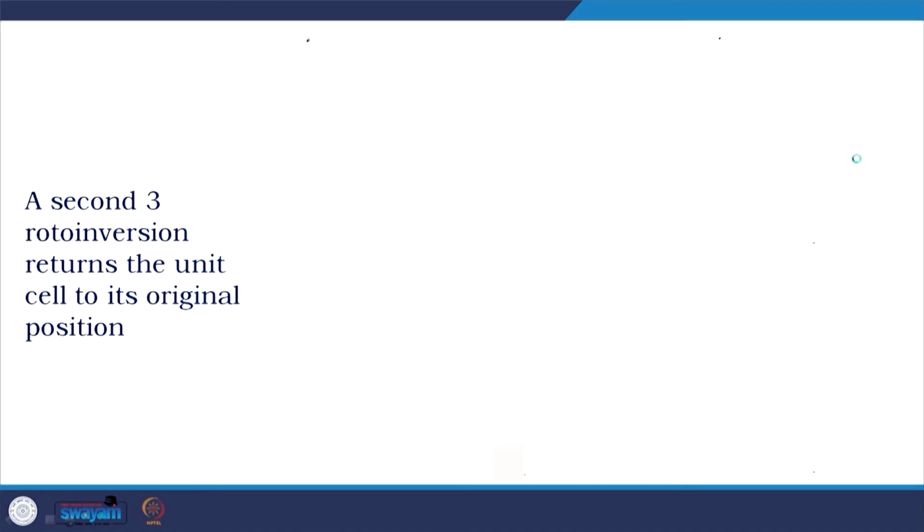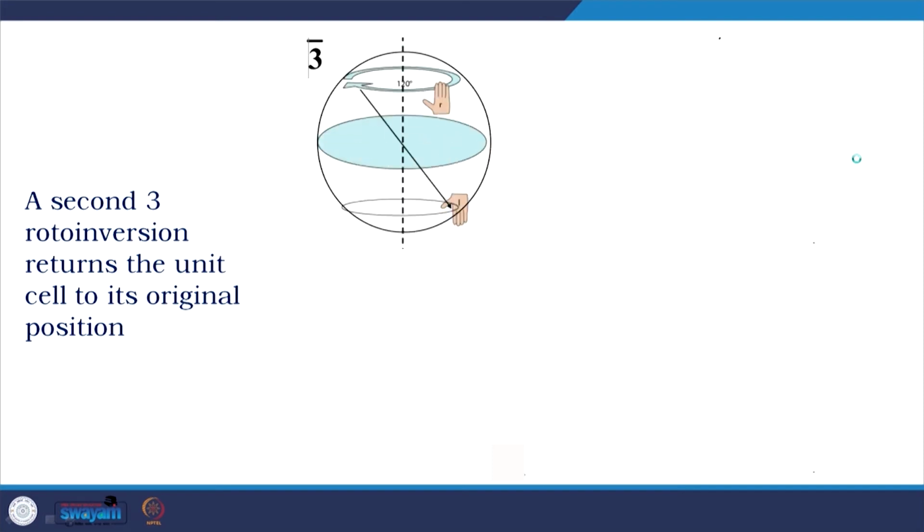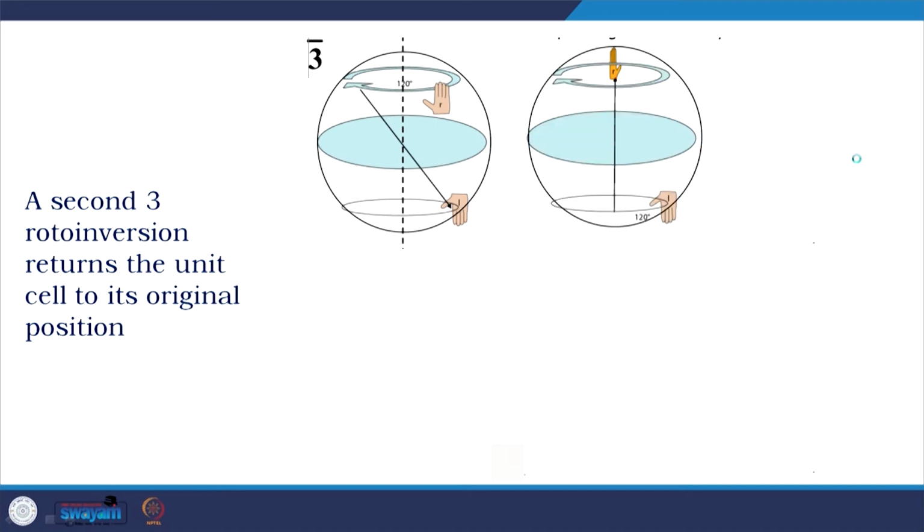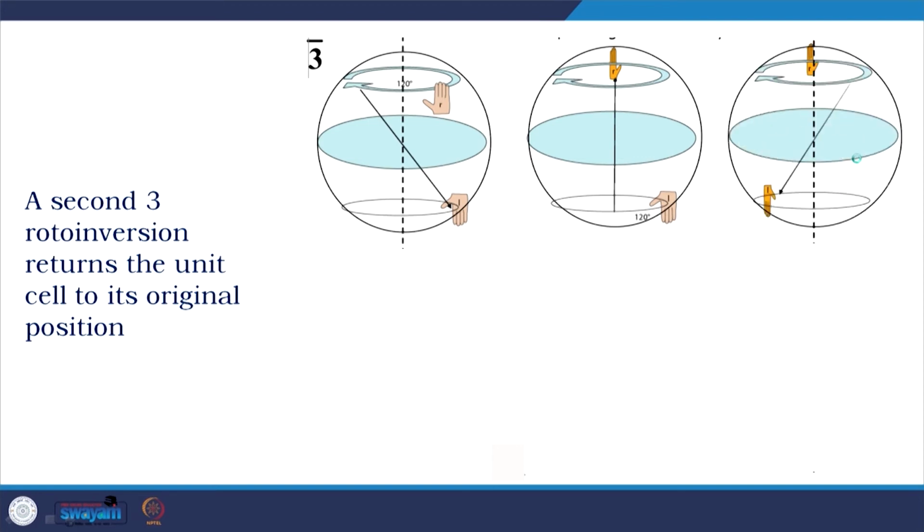Coming to a 3 roto inversion, it returns the unit cell to its original position. Like you have here, you make a 120 degree angle here, then what you do? You do the next operation where you come here and then you have the right hand and you have the left hand.